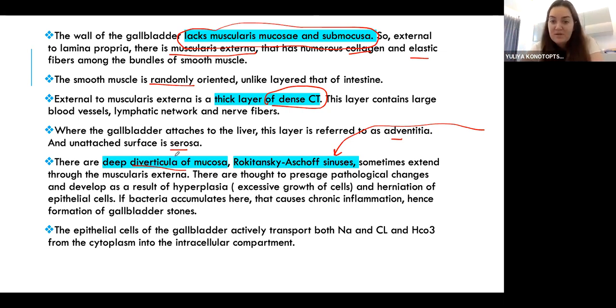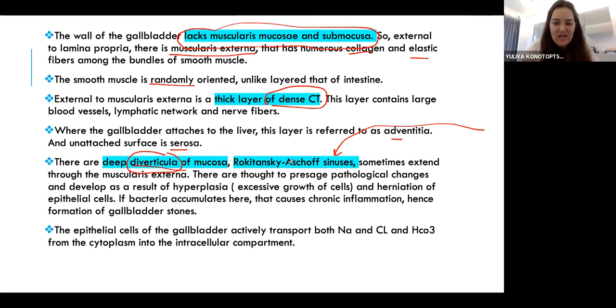Here, these Rokitansky-Aschoff sinuses, even though we say they are diverticula of mucosa, they don't grow outwards. They grow into the wall. So they're protruding, would be better said, they are invaginations of mucosa. The word diverticulum here is a bit misleading, because it means outgrowth, it should come out from the structure.